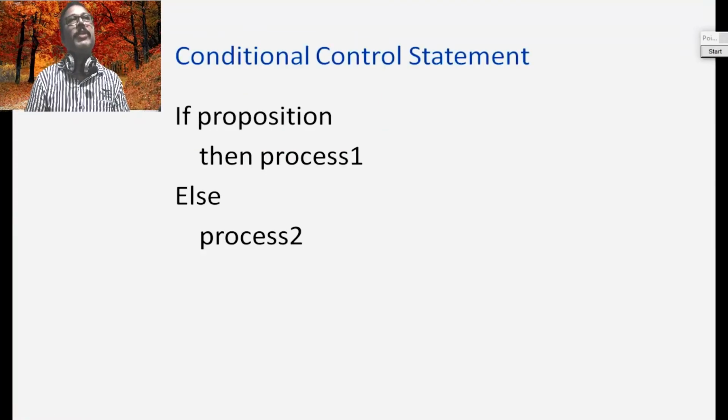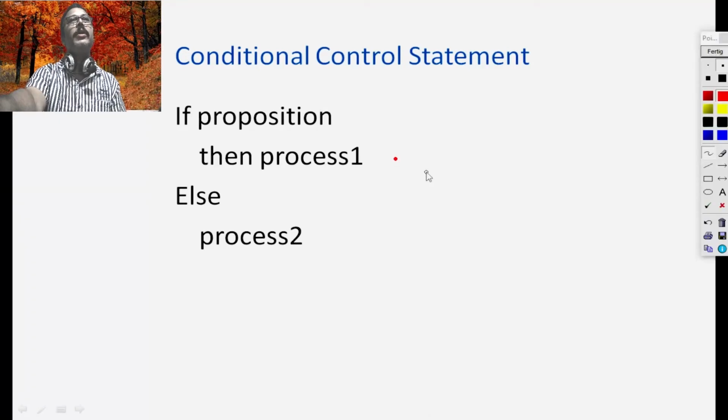So the expansion of if then else. Here you can see, if the proposition is true, then process 1, else process 2. This process 1 is nothing but a set of statements, a single statement or a group of statements.